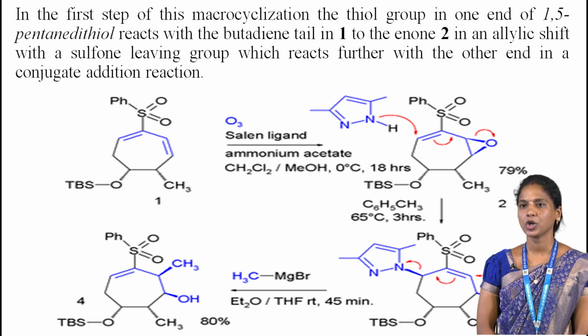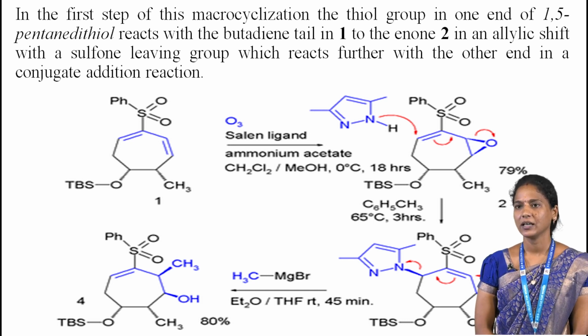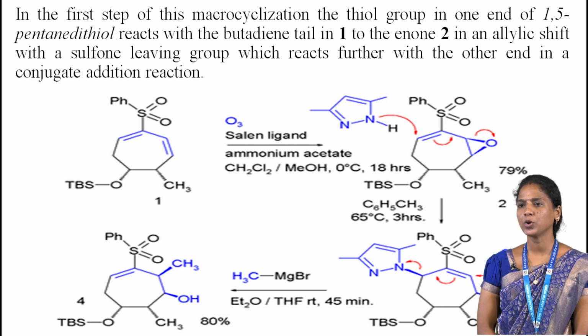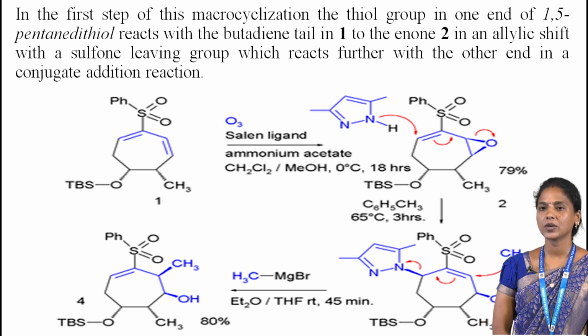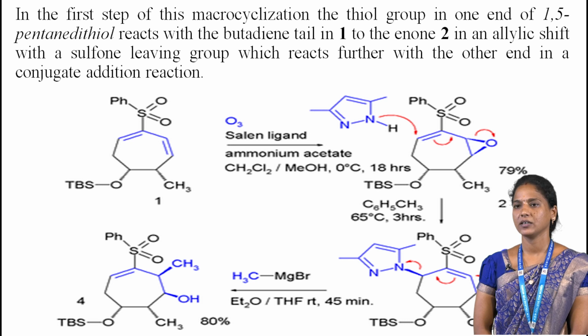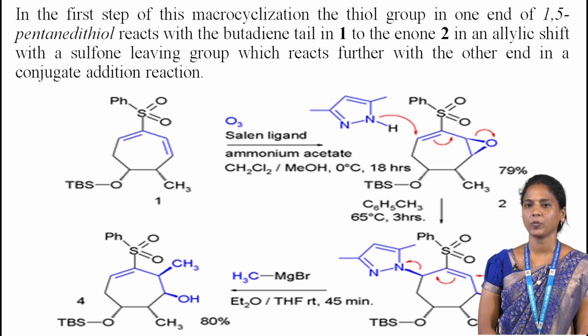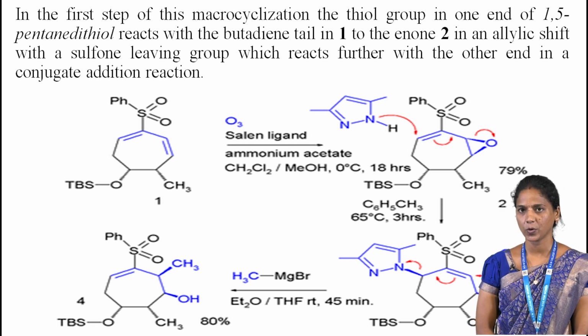In this reaction sequence, a Jacobsen epoxidation adds an epoxy group to a thioether that serves as the leaving group in the reaction with the pyrrolyl nucleophile. And the second nucleophile is methyl magnesium bromide to the pyrrolyl group.